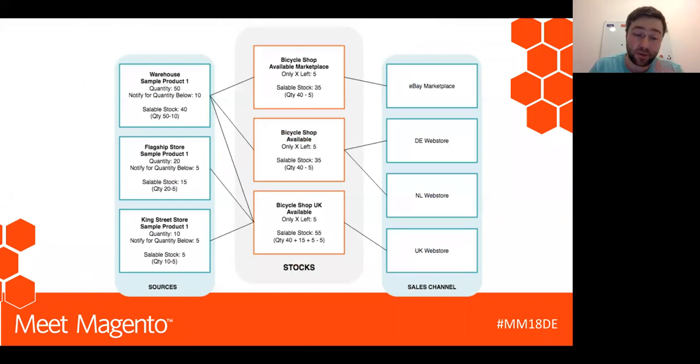In our case, a source can be considered a warehouse, a brick and mortar store, a distribution center or a drop shipper. The sources are combined in virtual aggregations. This virtual aggregation we call a stock, and the stocks are assigned to sales channels.